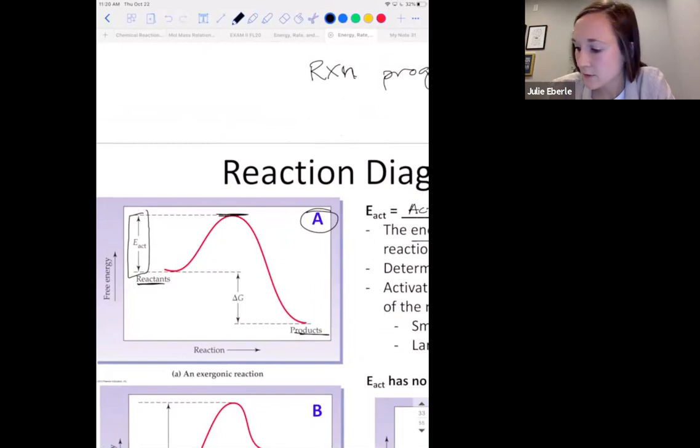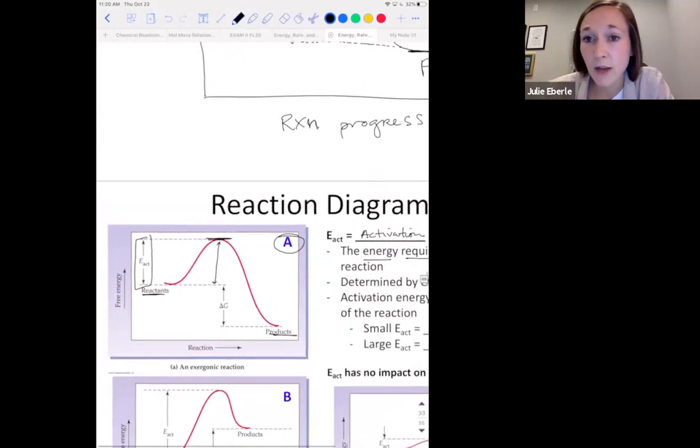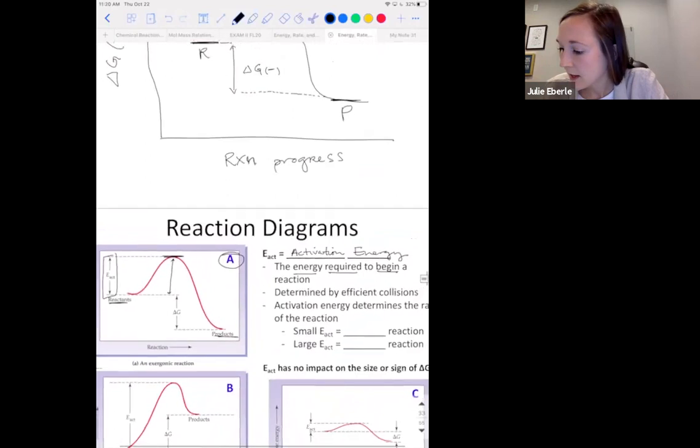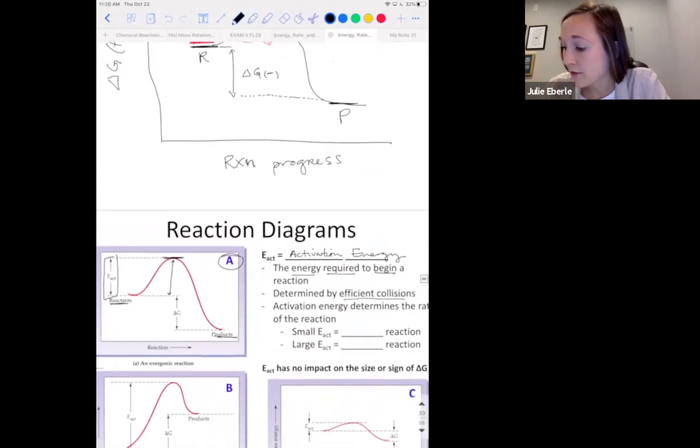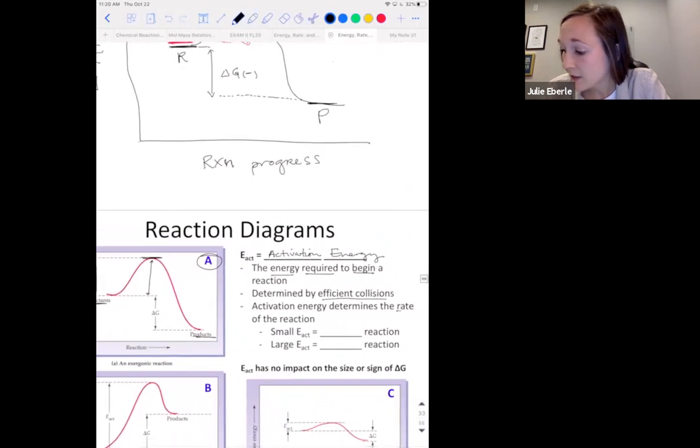That difference is the amount of energy that you have to clear for the reaction to happen. That's the activation energy, and you can draw that for any reaction. You just start at your reactants, draw it up to the peak. That difference is your activation energy. It's determined by how efficiently molecules collide, and the activation energy determines how fast the reaction goes.